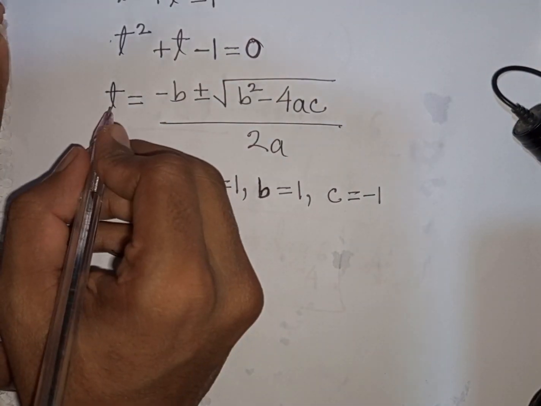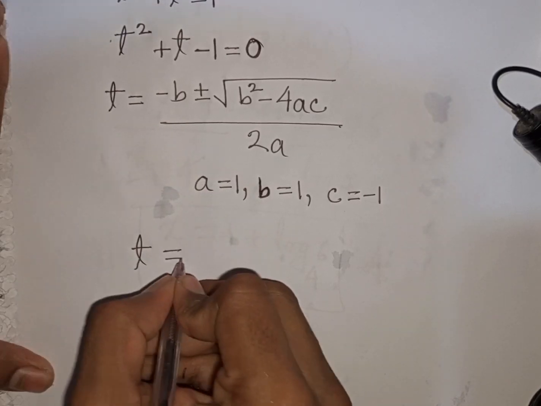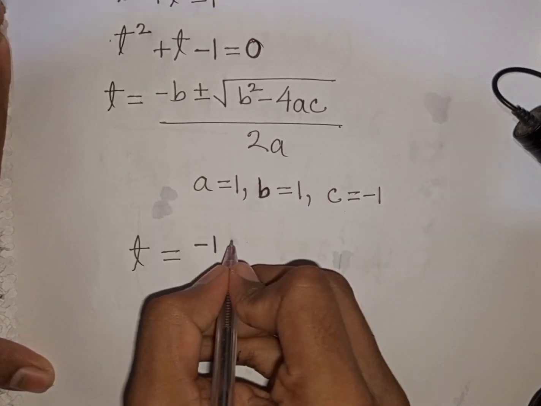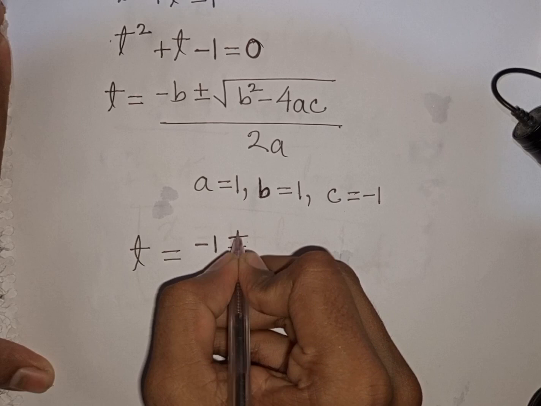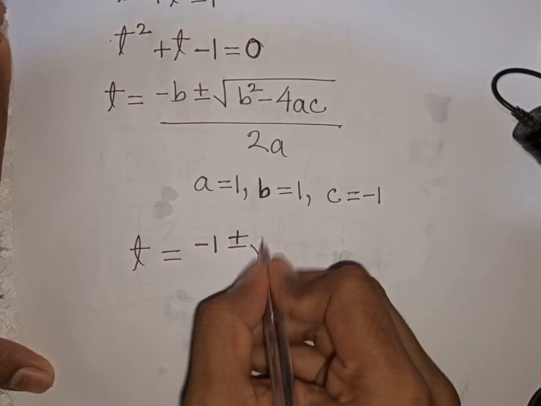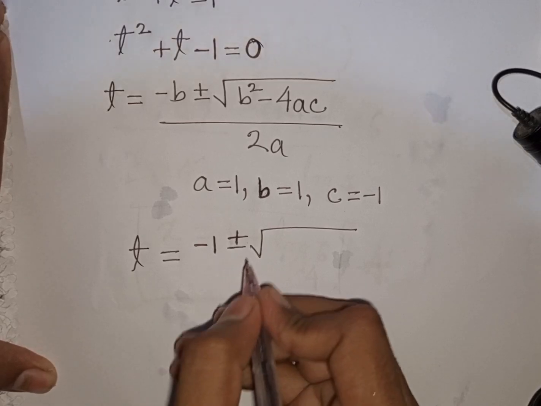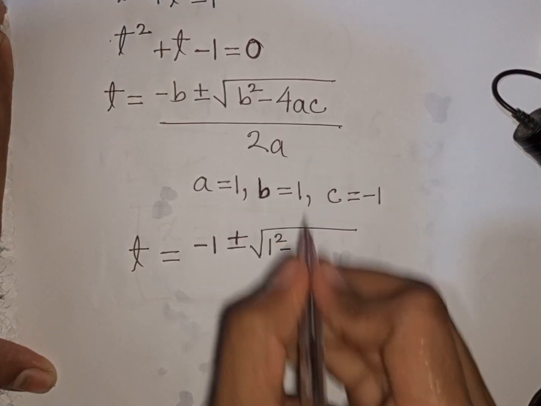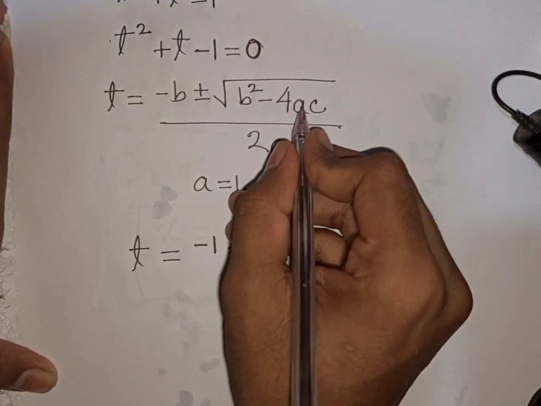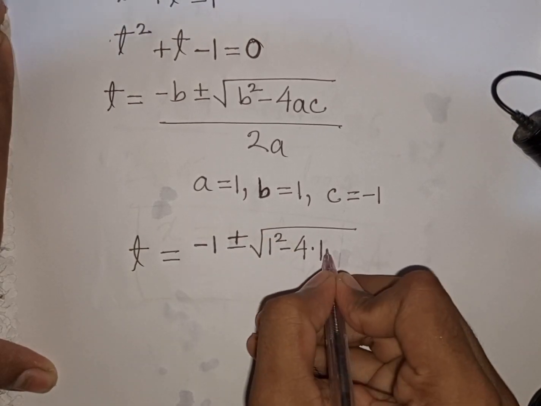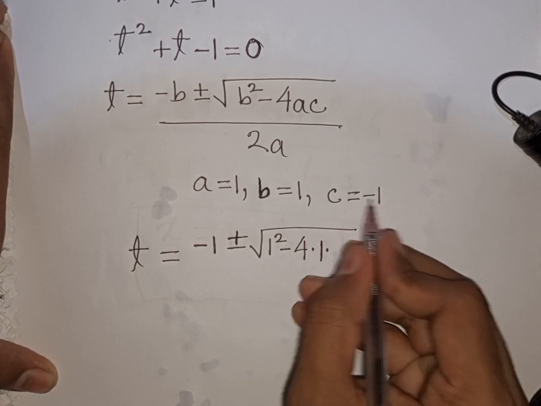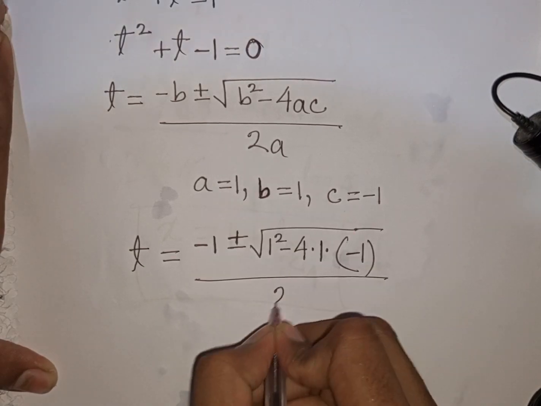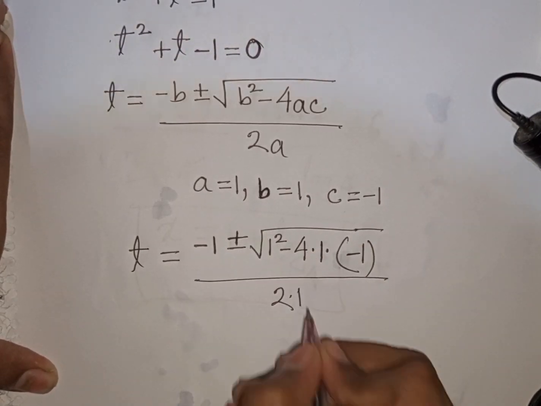Now, t will be equal to minus b, that means minus 1, then plus or minus the square root of b^2, that means 1^2, minus 4 times a, that means 1, times c, that means negative 1, then divided by 2 times a, that means 1.